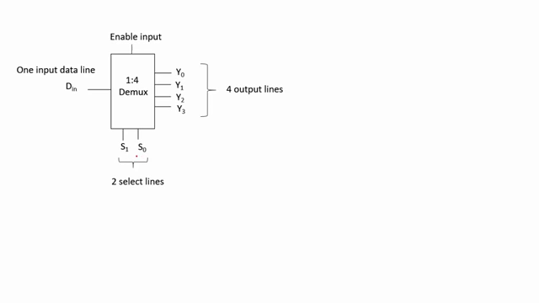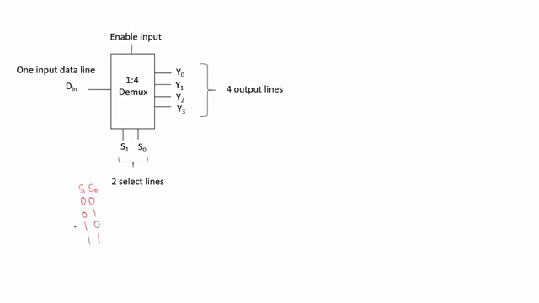Here you have two select lines, so you will have 4 combinations: 0 0, 0 1, 1 0 and 1 1. When S1 S0 is 0 0, the D in line gets connected to Y0. Similarly, when S1 S0 is 0 1, D in gets connected to Y1. When S1 S0 is 1 0, D in gets connected to Y2.